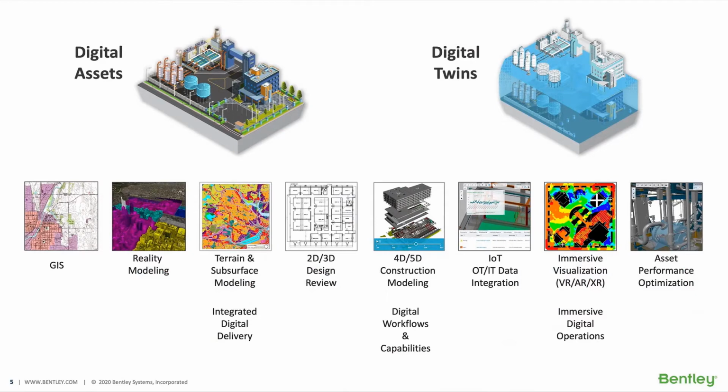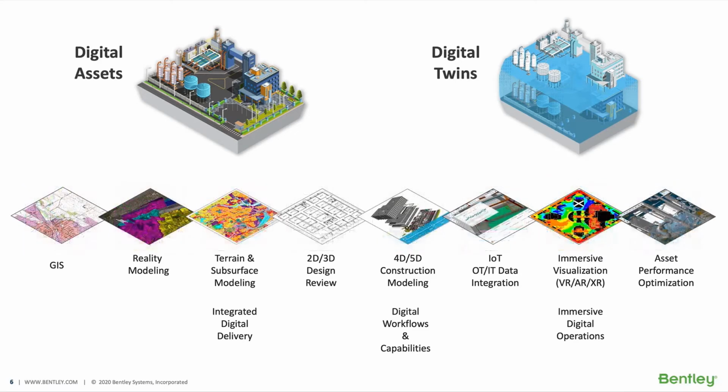Now, we talked about all the information that comprises the digital twin. Let's look at it through the lens of all the specific information you could potentially collect. You have digital assets in the form of 2D, 3D, 4D, even 5D information that you can collect together. You could have reality data captured through drones or LiDAR scans. You have your subsurface information. You have your terrain information and GIS information.